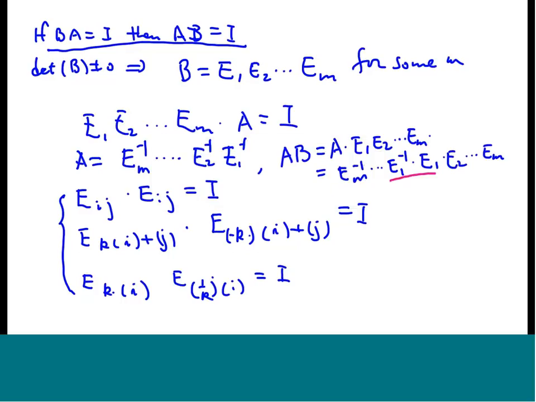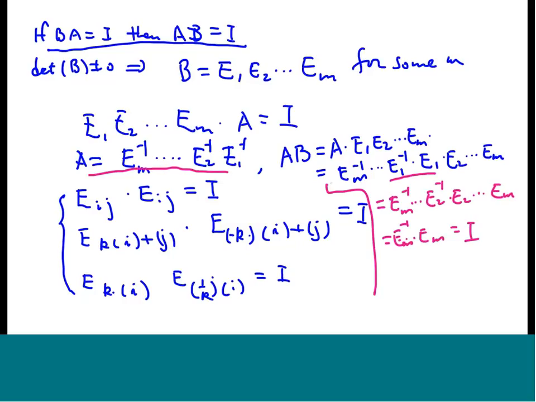So you get EM inverse and E2 inverse times E2 times up to EM. Eventually you get EM inverse times EM, so you get 1. So if BA equals I, then AB equals I. Got it? That proof is actually very beautiful, using elementary matrices.